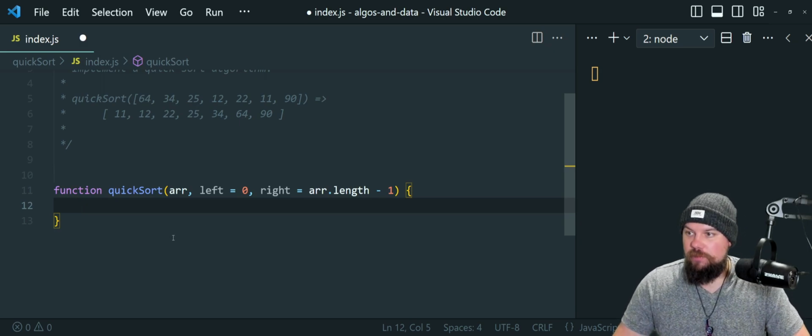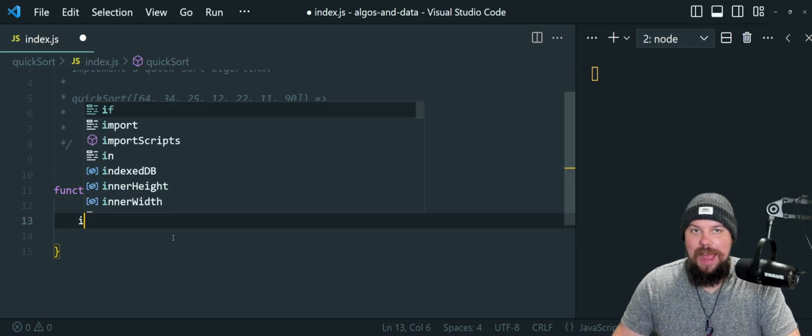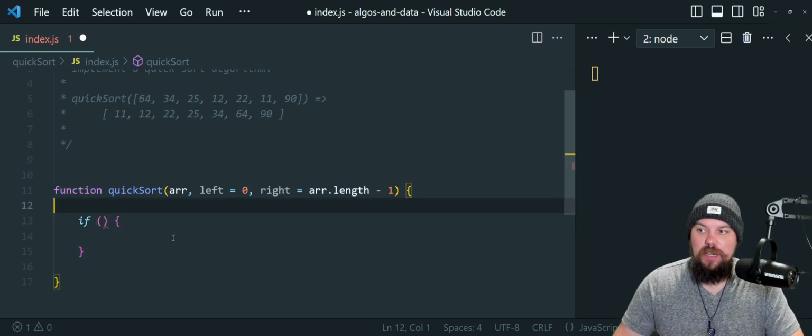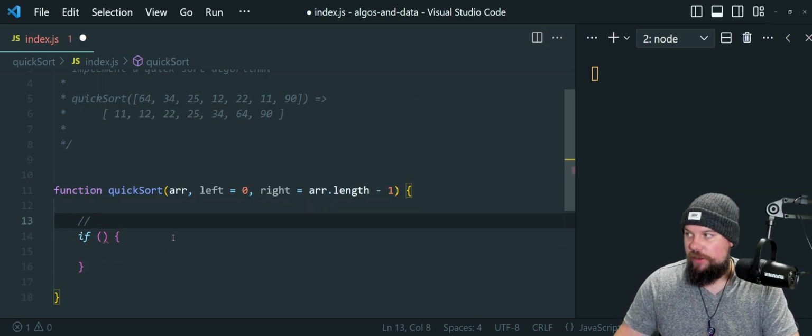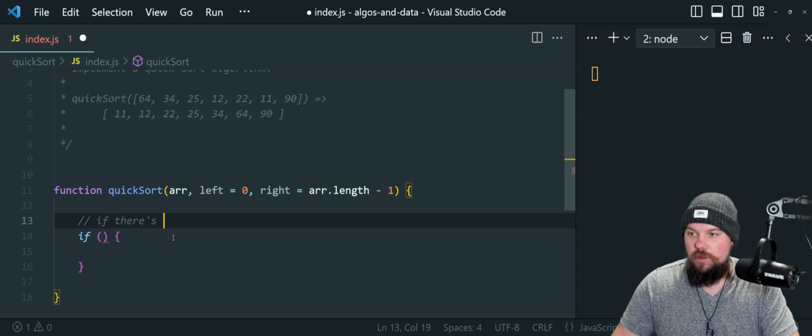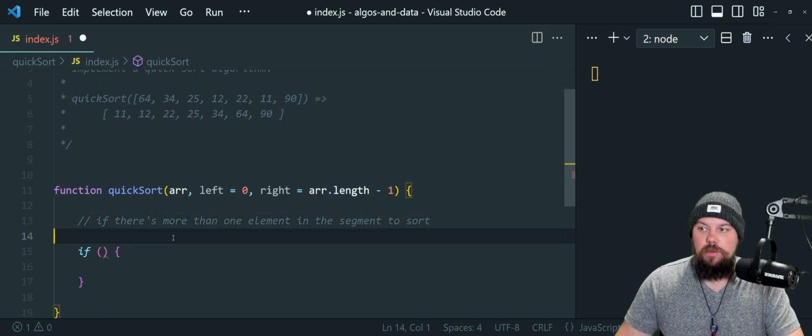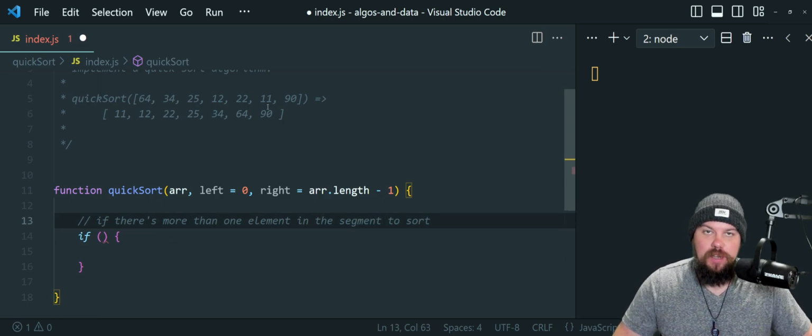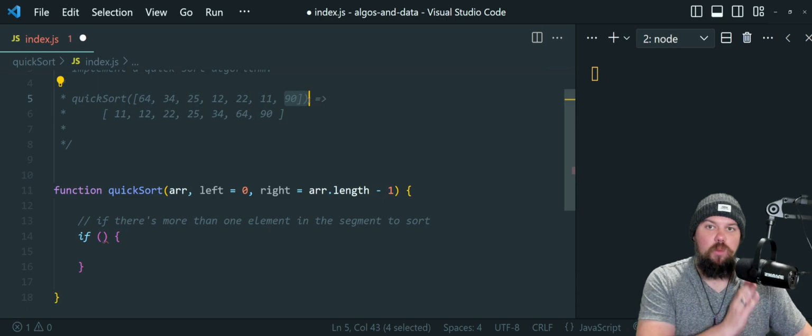Now from here, we need to know how long do we sort for. So clearly some kind of logical condition needs to happen here. If there's more than one element in the segment to sort. Right, so if there's more than one element, now recall that after our first pivot and iterating on our input array, we wound up with a 90 on one hand side.